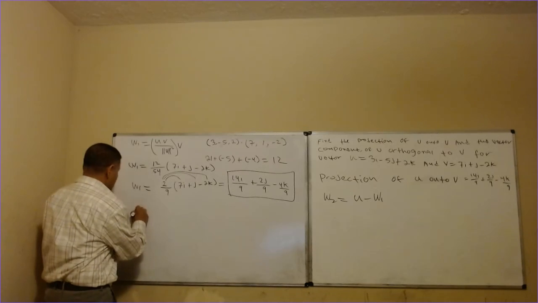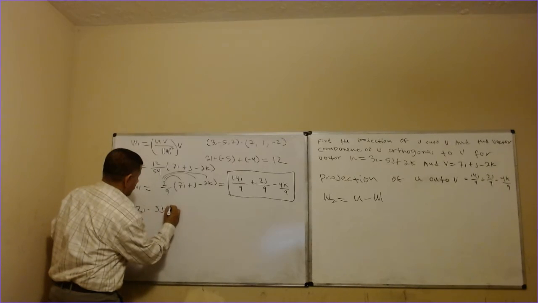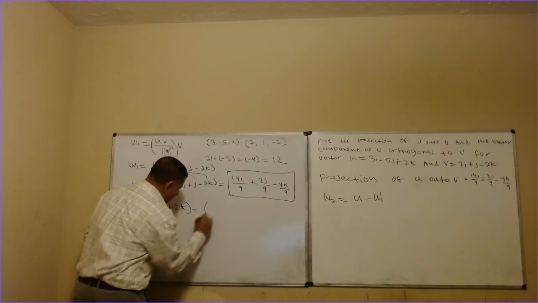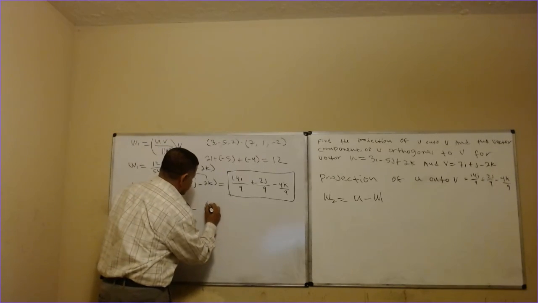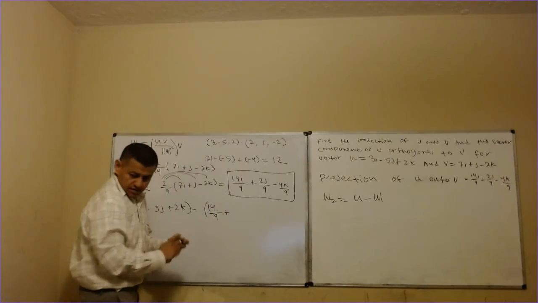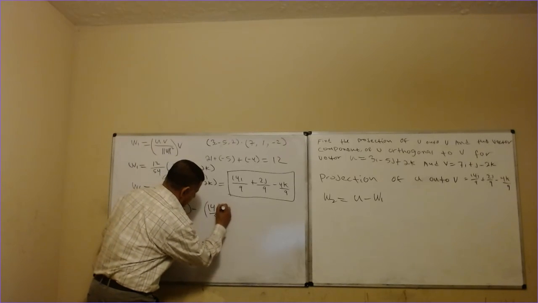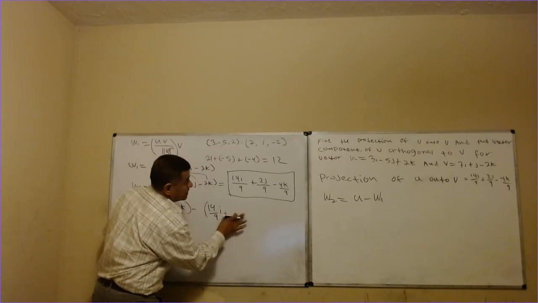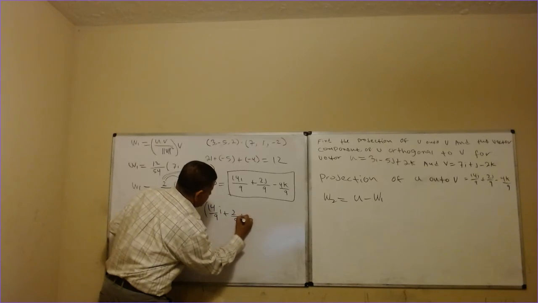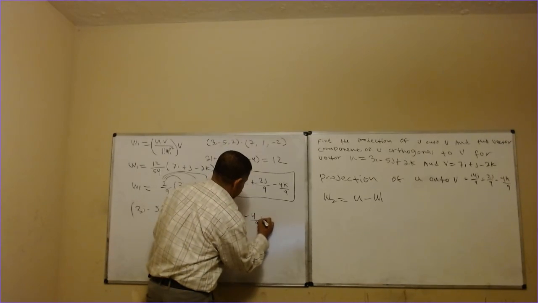So I'm going to get 3i minus 5j plus 2k, you put it in parentheses like this, minus 14i over 9 plus, let me just write it like this so it doesn't get confusing, plus 2 over 9j minus 4 over 9k.